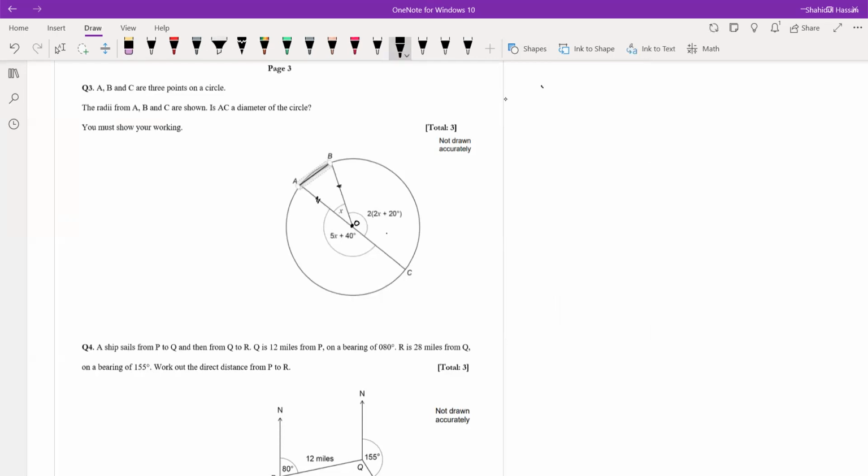And the two angles in the base should be equal. If the two angles are not equal, then what happens, sir? If the two angles are not equal, then these two are not radius. If these two are not radius, then AC is not the diameter. Josa, do you understand my point? Yes, sir.